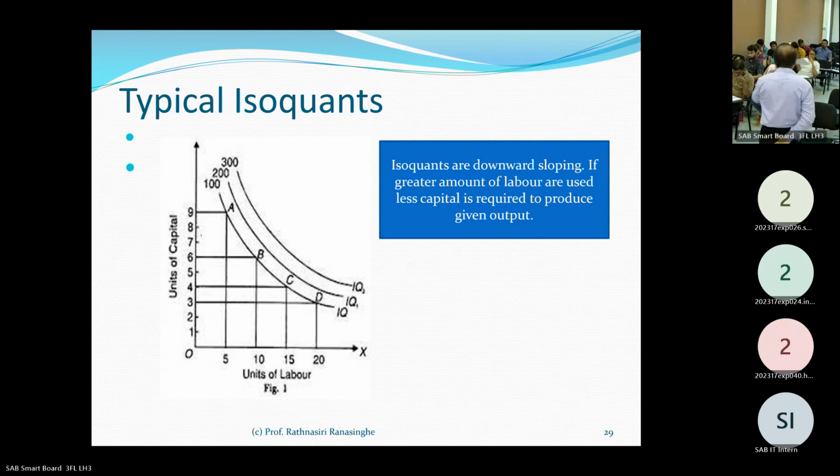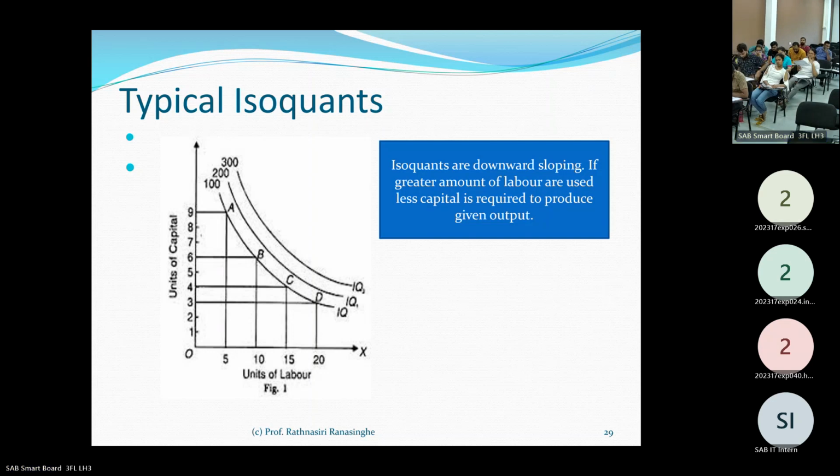Different combinations of labor and capital, but we produce a particular output level. Higher means higher output level. Now, A, B, C, D show different combinations of labor and capital that the producer can incorporate in the production process in order to get the same level of output.